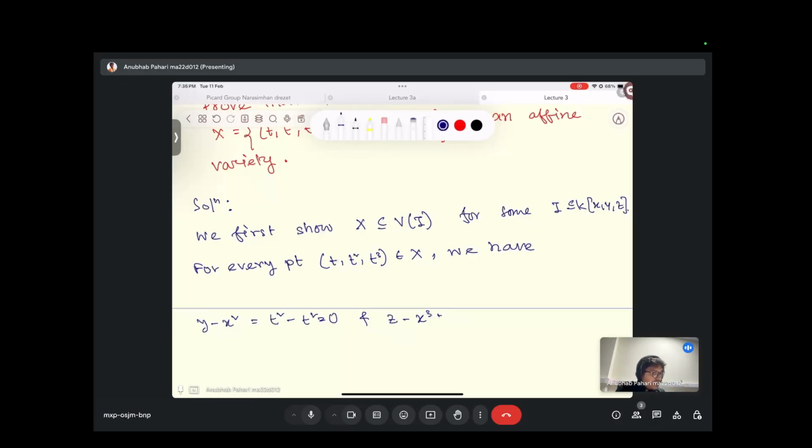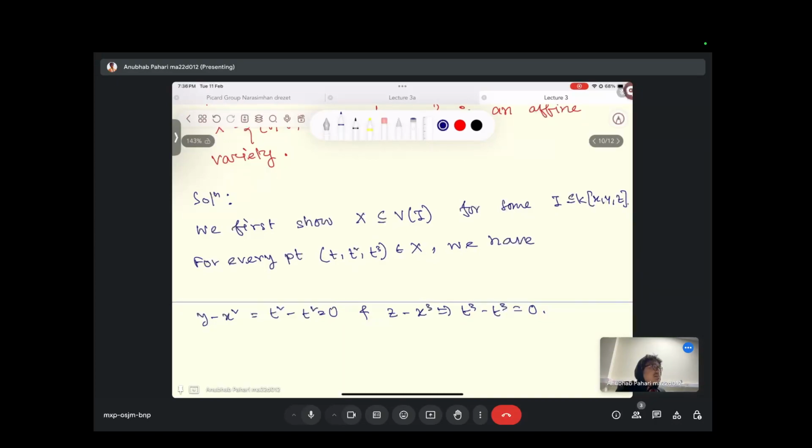Okay, we'll break it down. z should be t^3 minus t^3, so it should be 0.